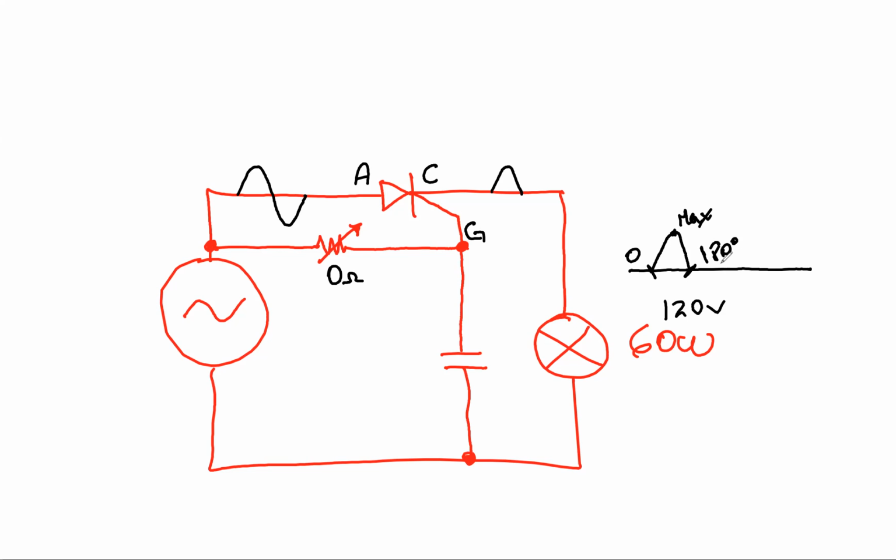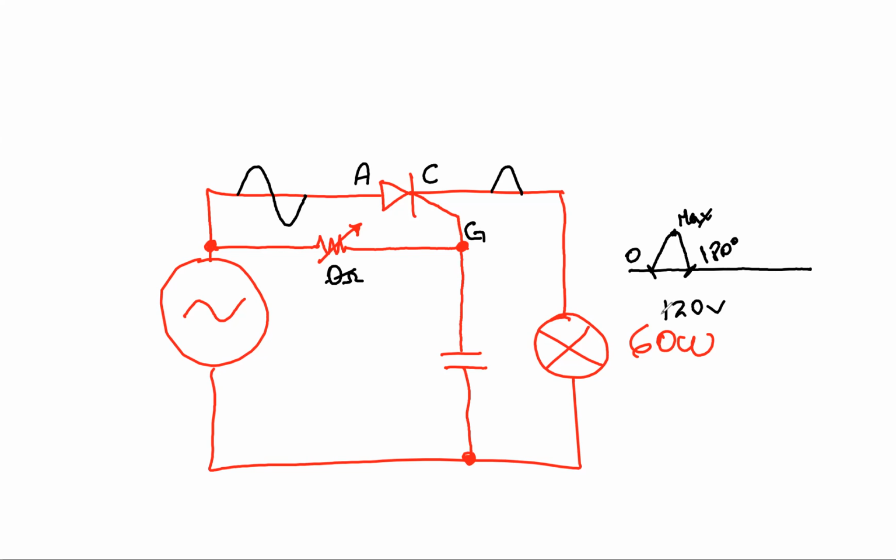However, as soon as I start to increase my resistance here, because the gate uses a very small trigger current, I'm going to be able to control when the SCR turns on.